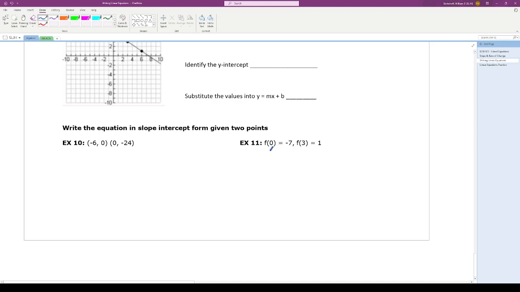So our input x is 0, our output y is negative 7. So this is just saying an ordered pair of 0, negative 7. So here you have two ordered pairs, and here essentially again you have two ordered pairs in order to write the equation. So that'll be your extra practice for today, and then that's it.